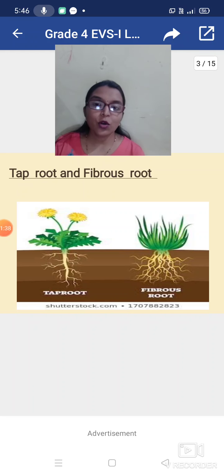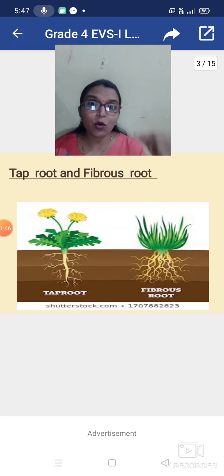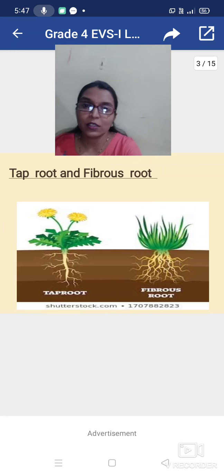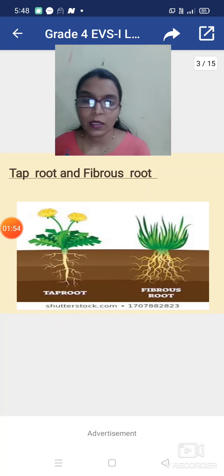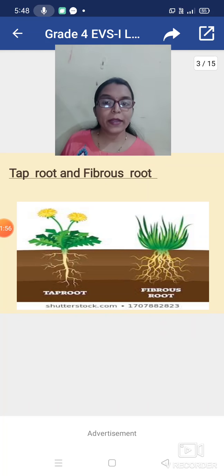Okay, so there are types of roots. If we take coriander, there is a brown colored structure. So there are mainly 2 types of roots. Let us see.